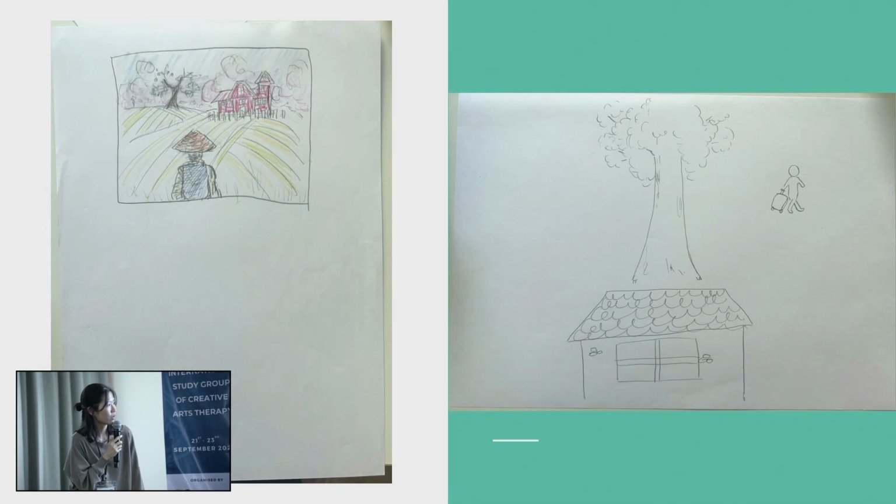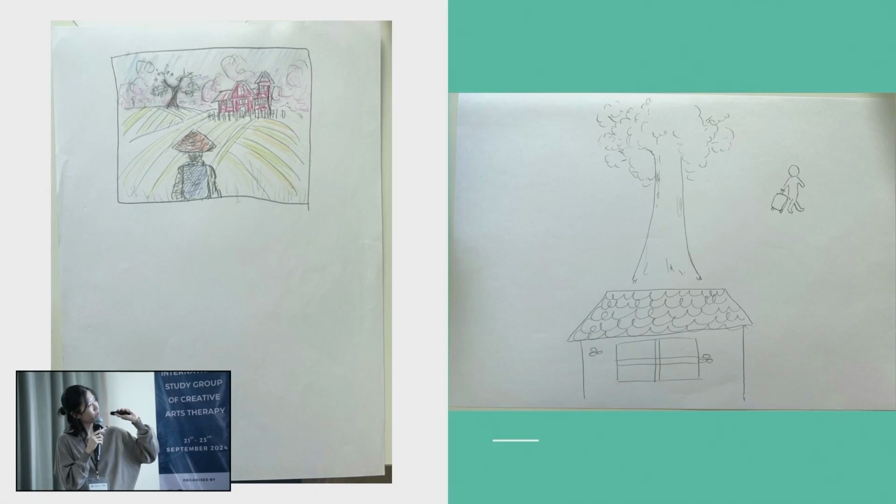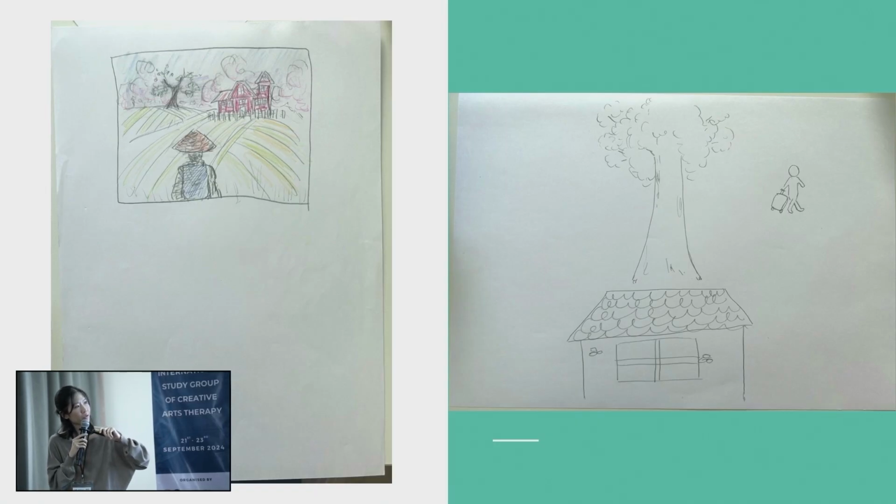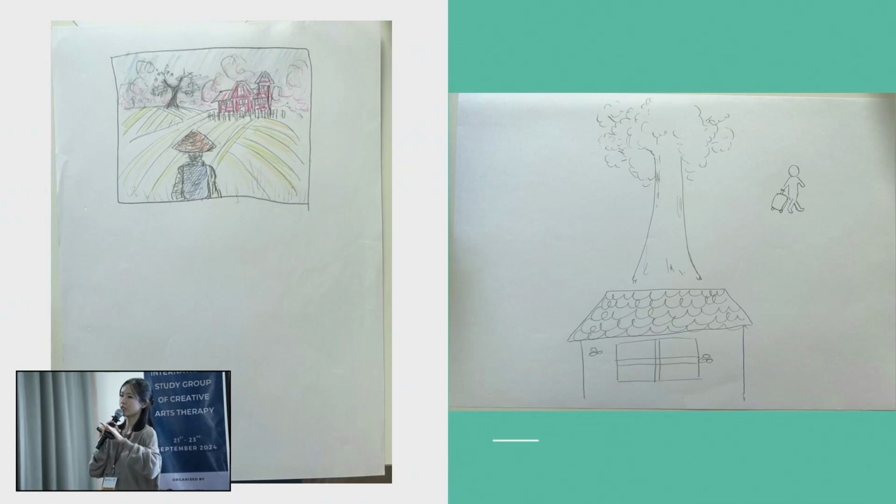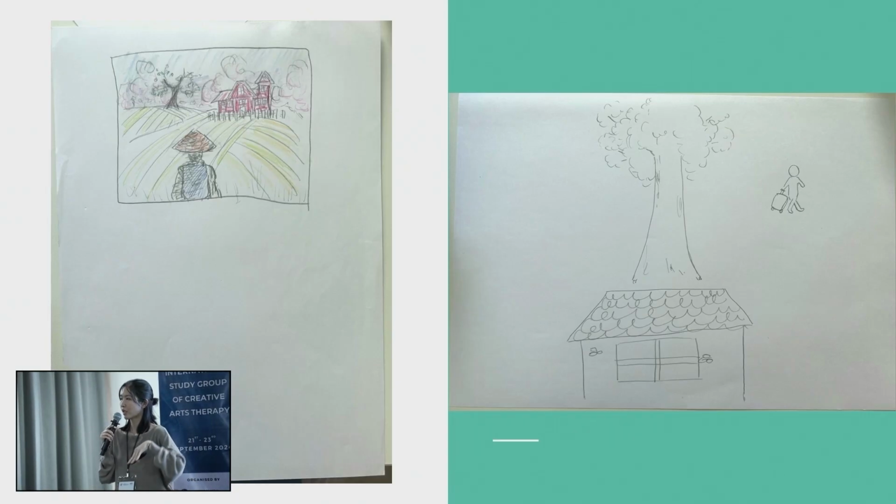This is also a refugee from China, and she is 21 years old, and I asked her to draw. The living situation is that she's in a small studio room with her father, her mother, and her younger brother.